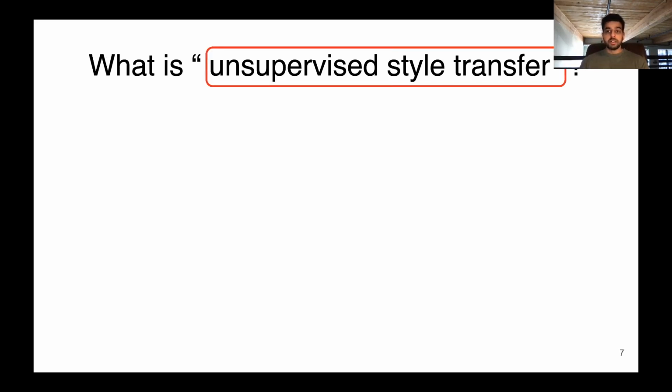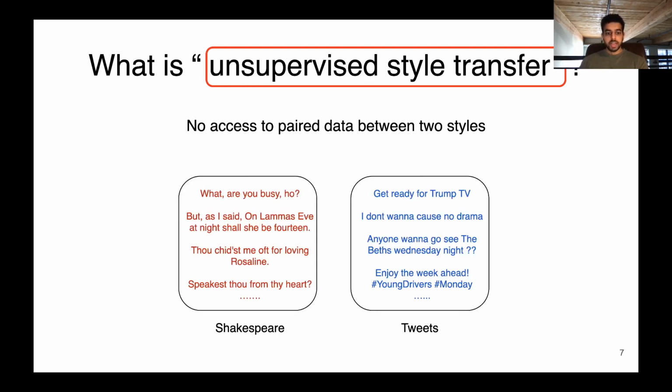But in general, especially if we're dealing with many different styles, it is unreasonable to expect parallel data between two styles. We might have a lot of data in one single style, right? We might have all of these sentences from Shakespeare and all of these sentences from Twitter, but we don't have the corresponding transferred versions. And this is where the unsupervised aspect comes in here.